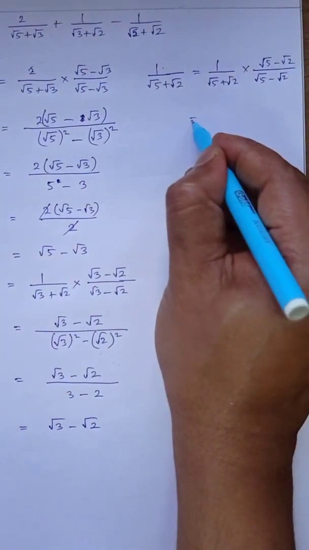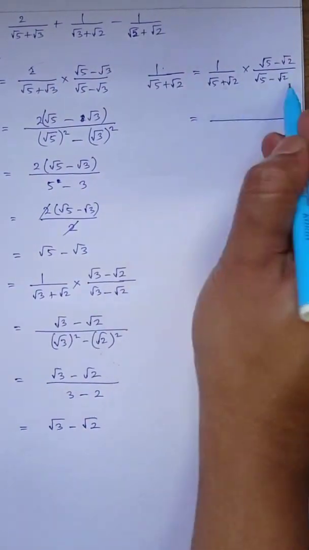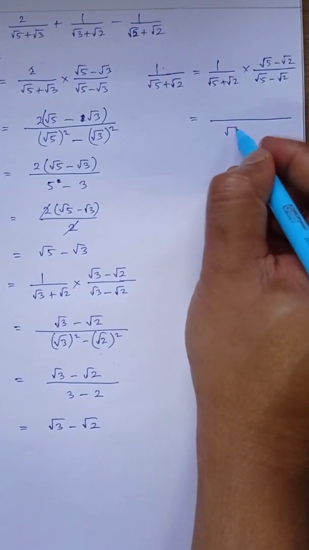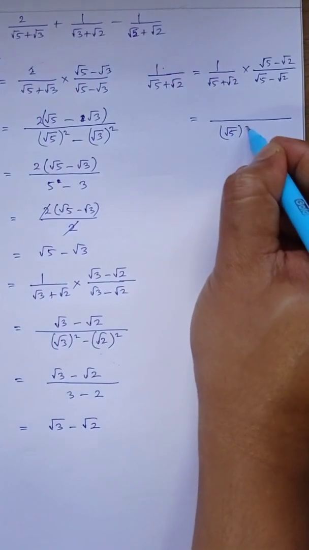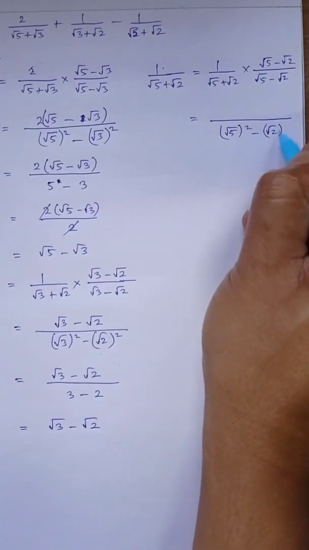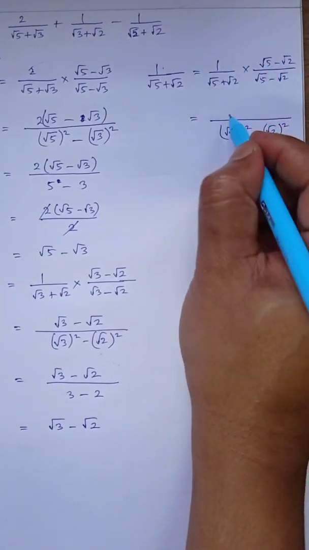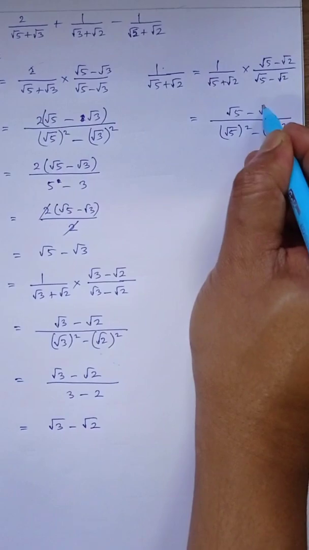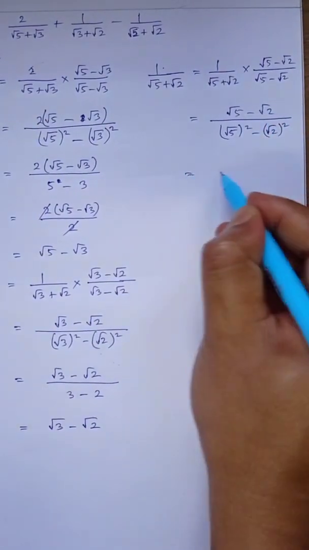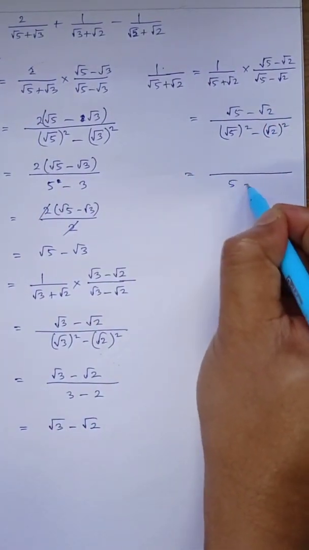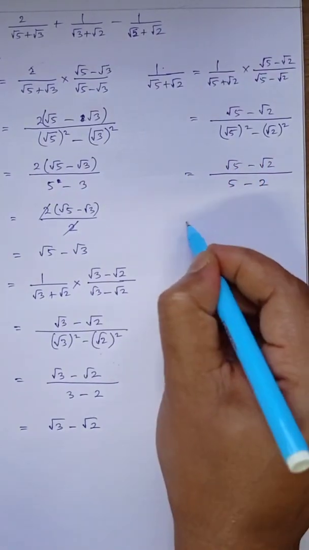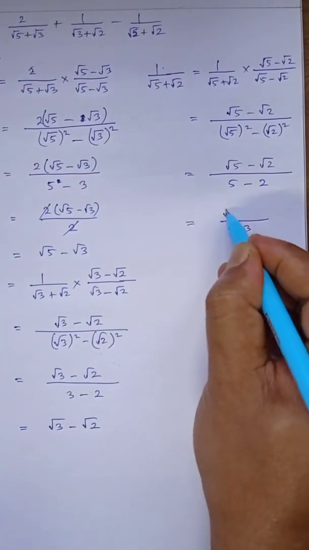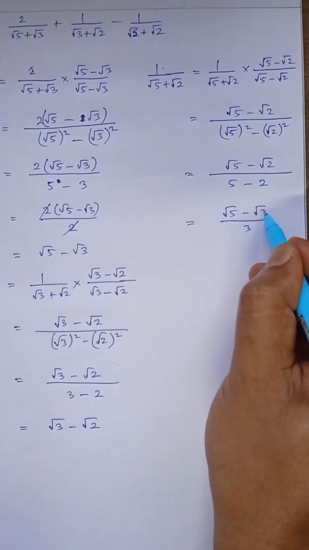Now if I multiply these two, what will we get? Just like before, root 5 square minus root 2 square, and we get root 5 minus root 2. Now this is 5 minus 2, root 5 minus root 2. 5 minus 2 is 3, root 5 minus root 2.